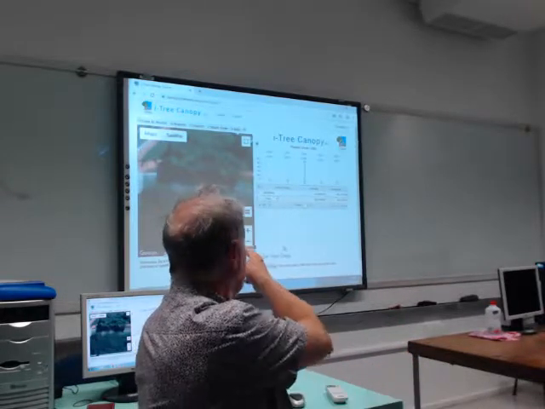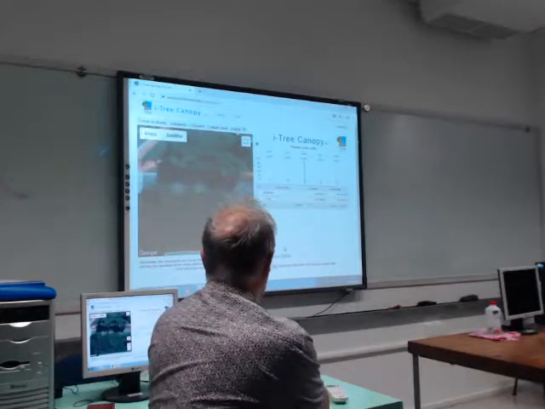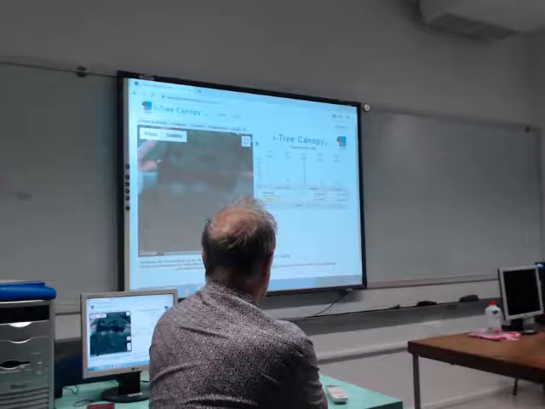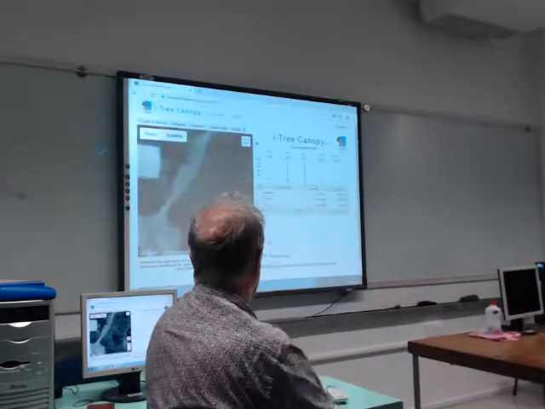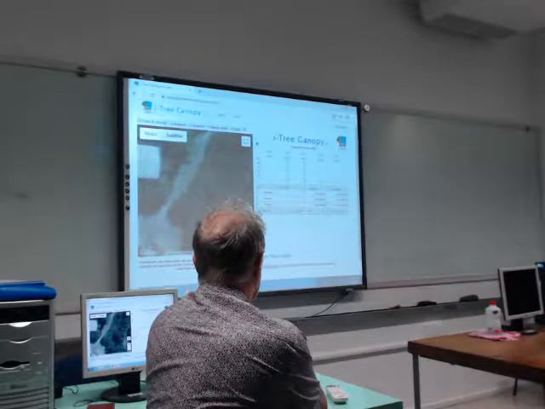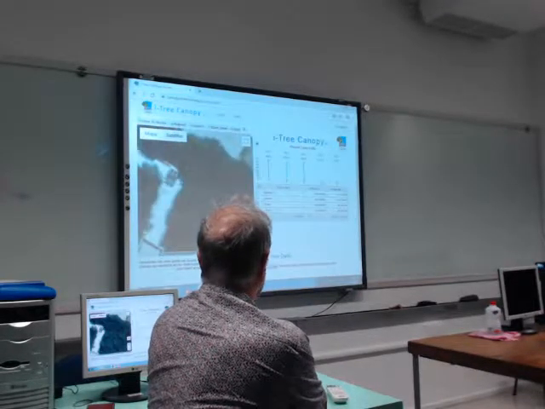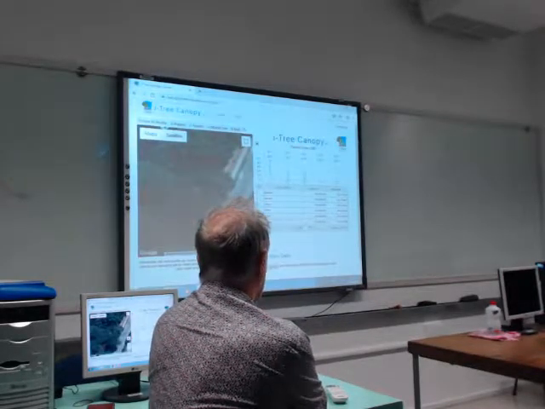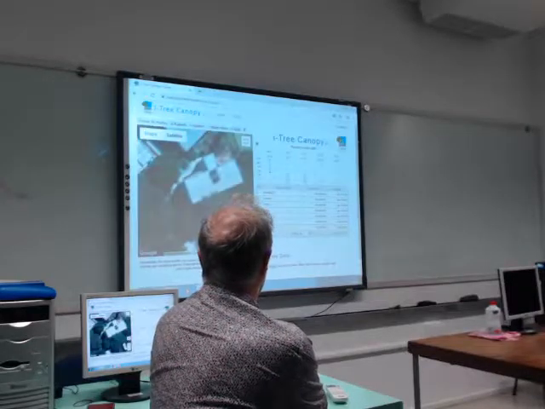Okay. So that's obviously a road, so identified as a road. There's a tree canopy. There's a tree canopy. It's a very green part of the road.